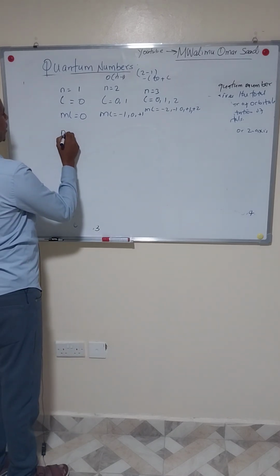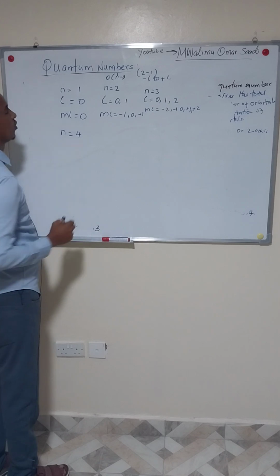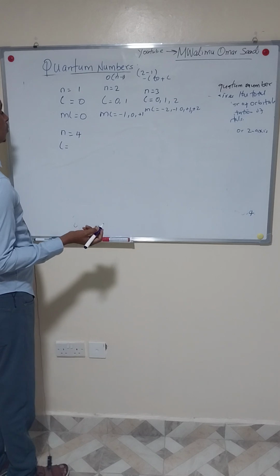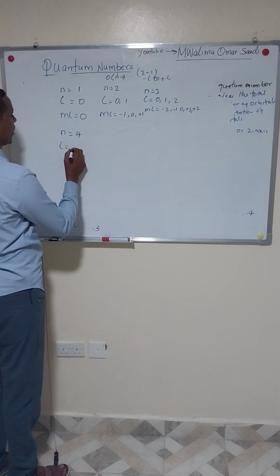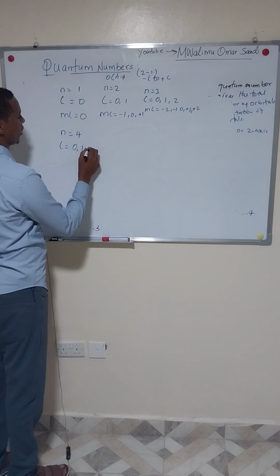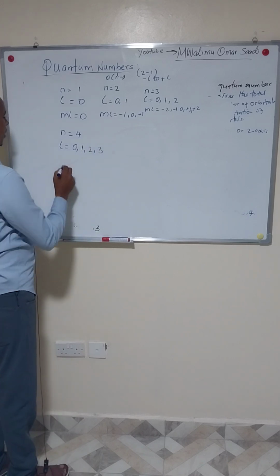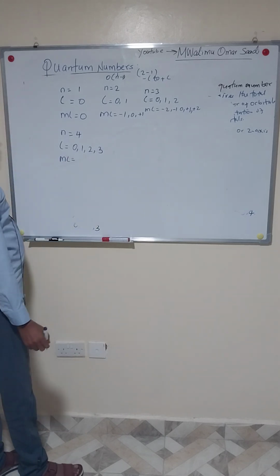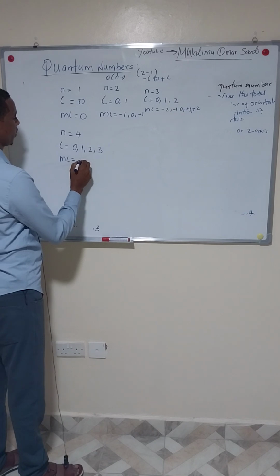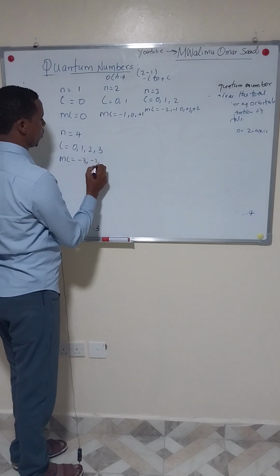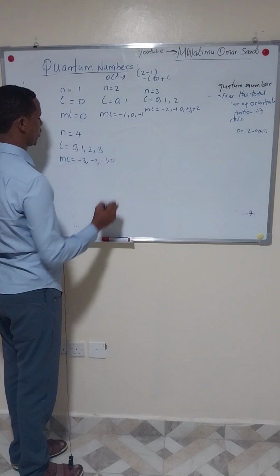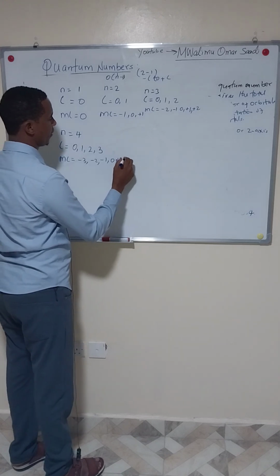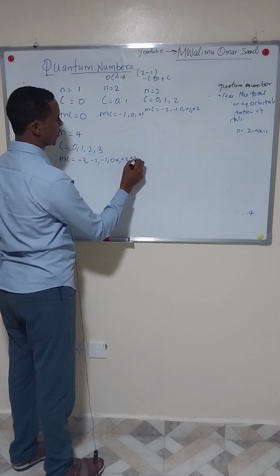If n is, let's say, 4, L is equal to n minus 1, 4 minus 1, that is 3. So L will be 0, 1, 2, and 3. ML will be all the way from negative L to positive L. L here is 3, so negative 3, negative 2, negative 1, 0, positive 1, positive 2, and positive 3.